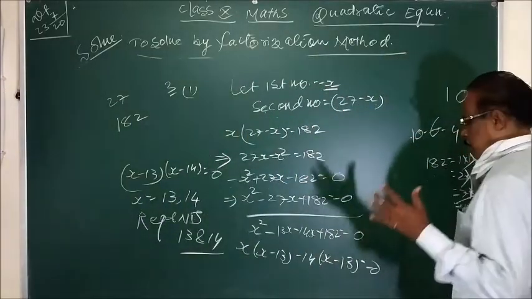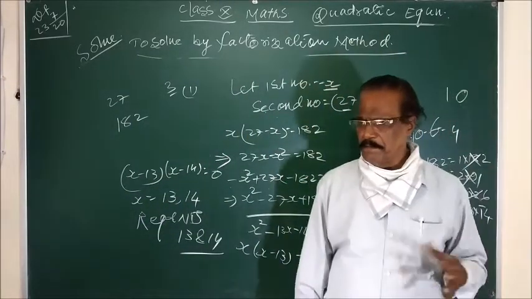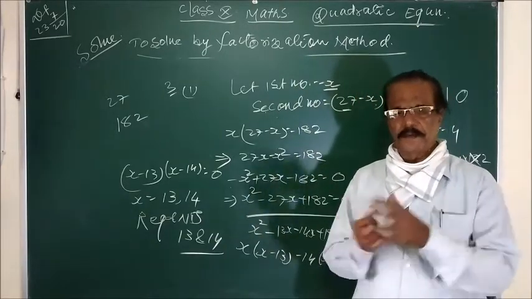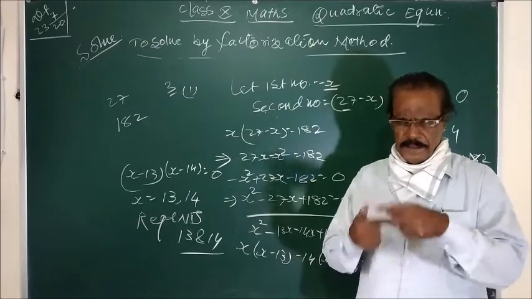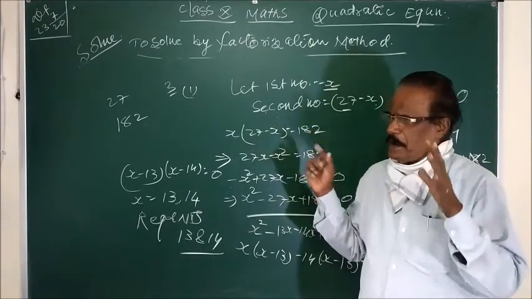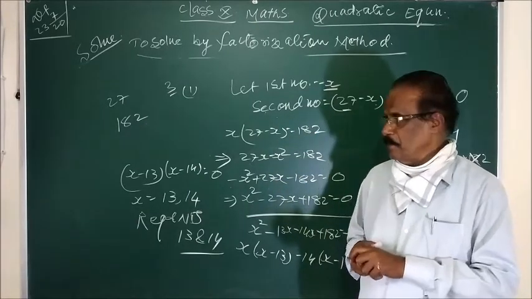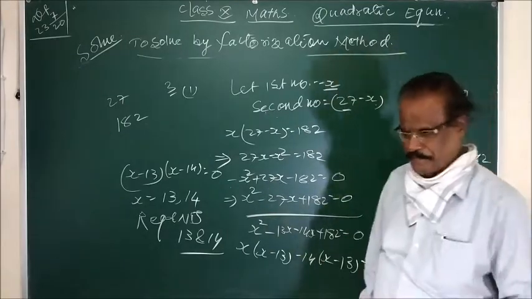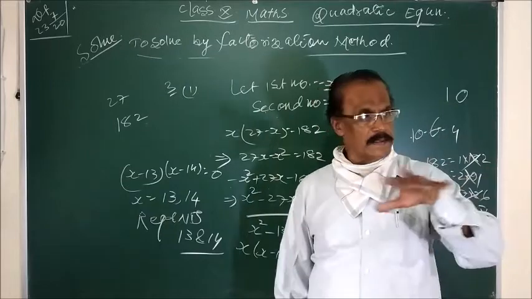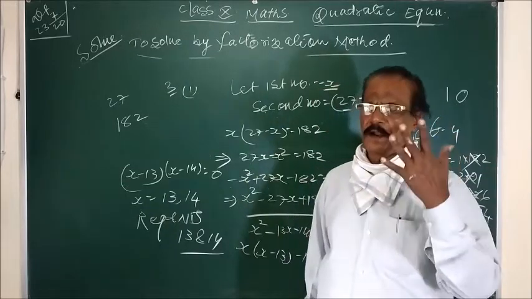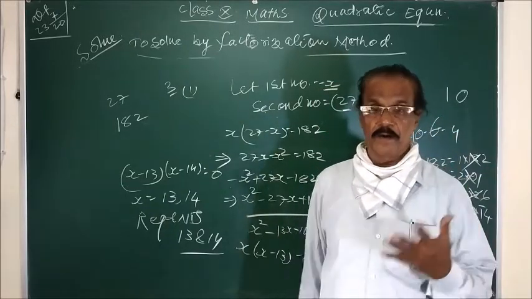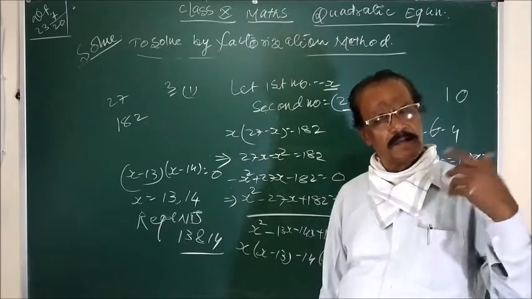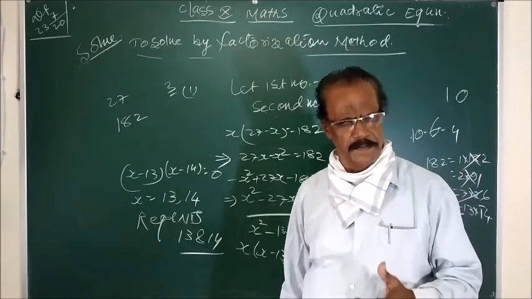So whatever the word problem is given, you suppose one unknown and you form the equation. And then you try to understand what is the question. After forming the equation, you have to solve by factorization. And if you complete all the methods, method of completing the square and quadratic formula method, then you will solve word problems by any method.